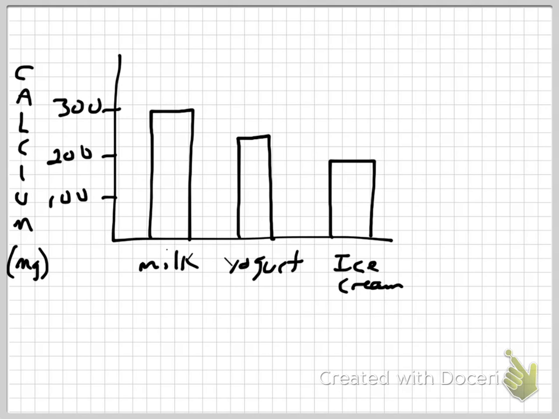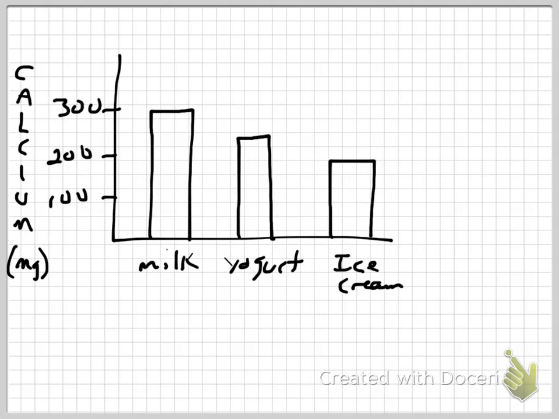Can you tell me, just by looking at this bar graph, what it's talking about? You need to be able to look at this bar graph and tell me what it's talking about. I want you all to write down for me in a sentence what this bar graph is talking about right now.